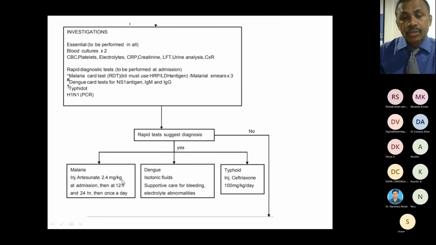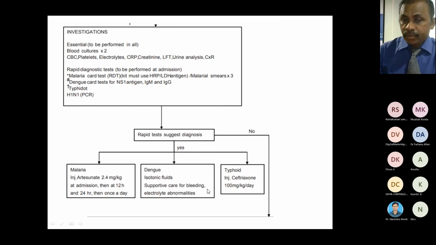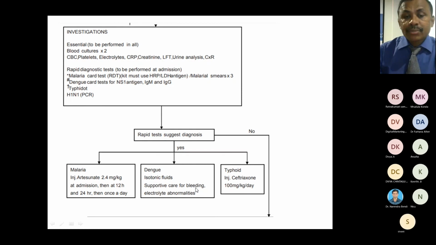This we all know. For dengue, you have fluids, supportive care for bleeding, and any electrolyte or other abnormalities you give symptomatic treatment. And then comes typhoid. If your rapid diagnostic test tells you that the patient has typhoid, go for ceftriaxone.